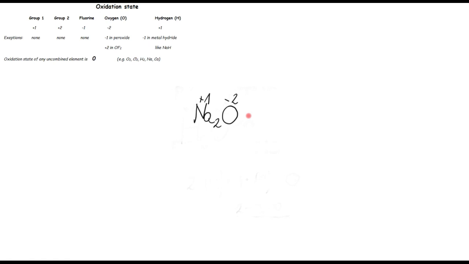Now check the overall charge of the molecule. 2 atoms of sodium, so 2 multiplied by +1, plus 1 multiplied by -2, equals 0. Again, the oxidation states of the atoms in the molecule are correct. The overall charge is 0.